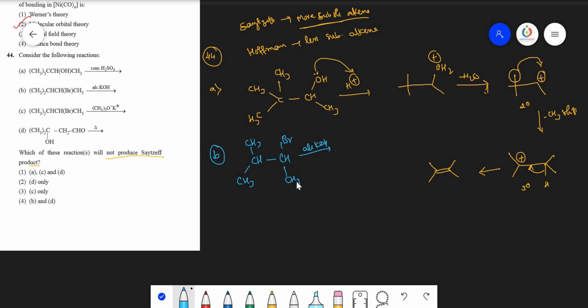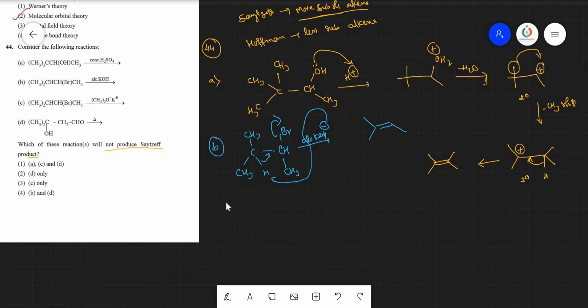See here, this is the carbon where all hydrogens are there, but this carbon has two carbons along with the hydrogen. So this hydrogen shall be removed by the OH part. OH abstracts this particular hydrogen and elimination takes place like this. So we get the most substituted alkene here also.